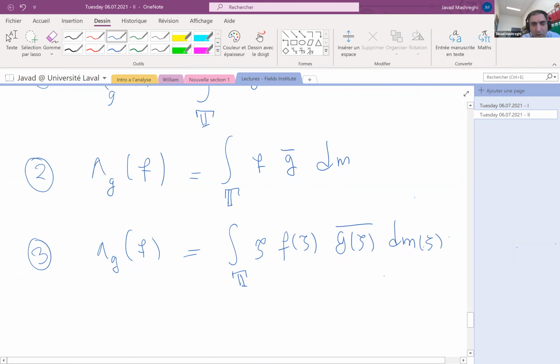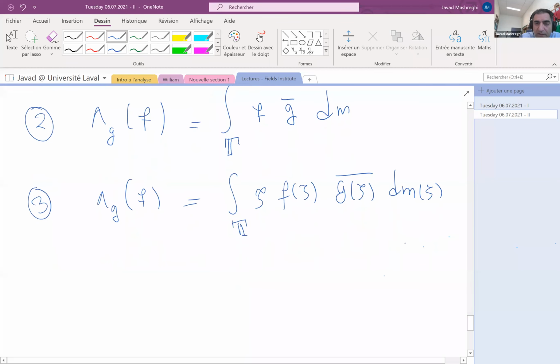Zeta or zeta bar, anything unimodular here works. There is a reason. It's not just out of pleasure that we put zeta here. The proofs become easier if we put zeta here. The good thing is that even under this definition, isometric isomorphism works.